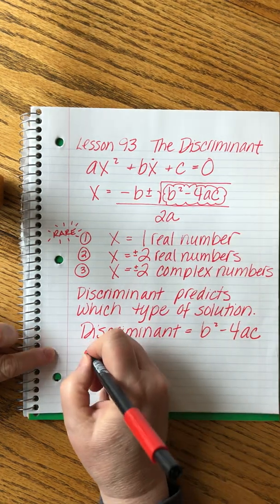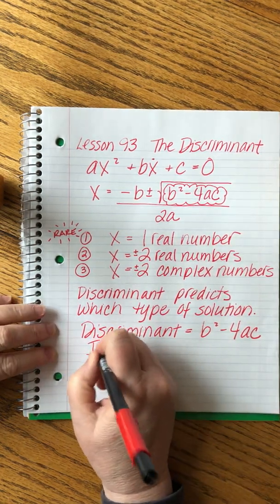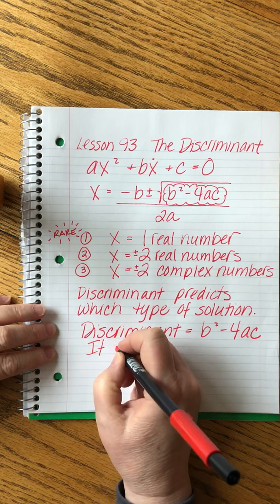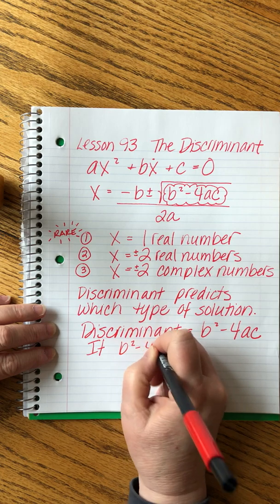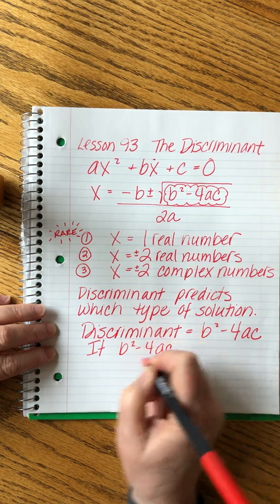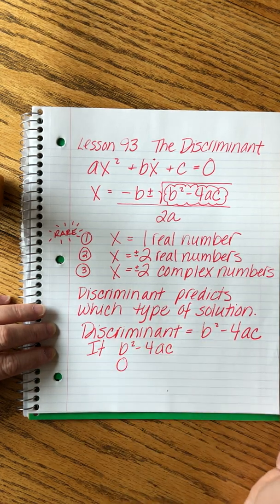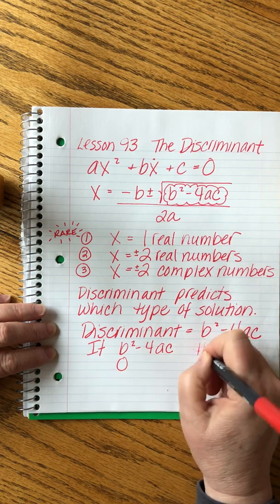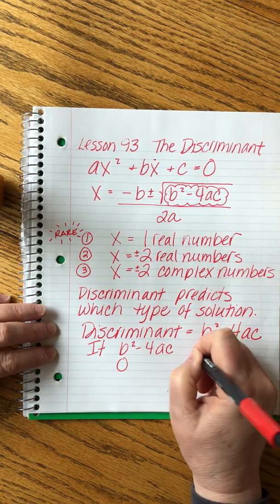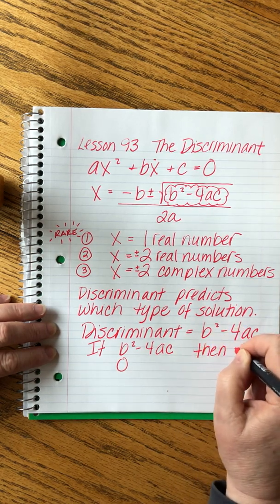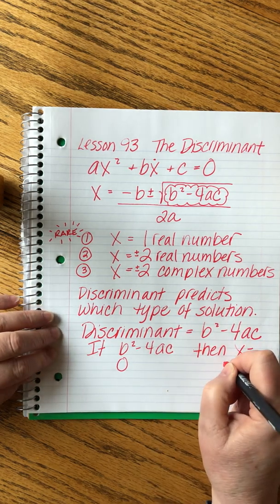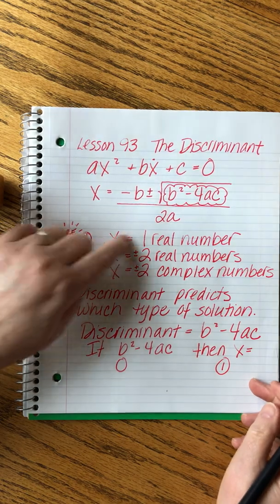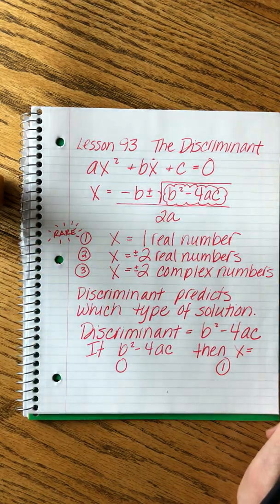If b squared minus 4ac is 0, then x equals situation 1. We will have one real number solution.